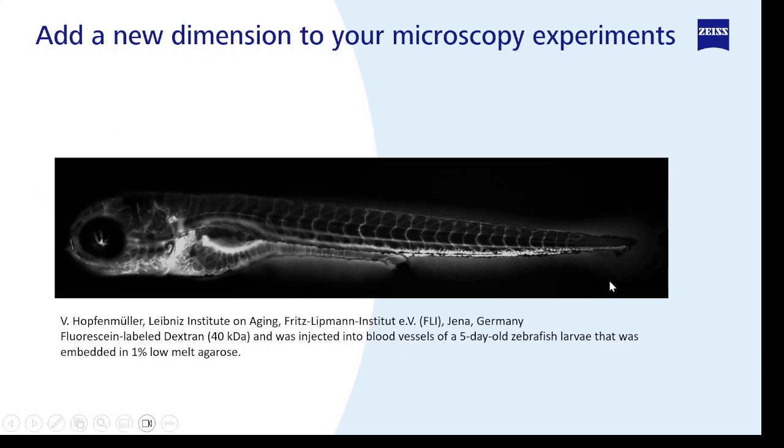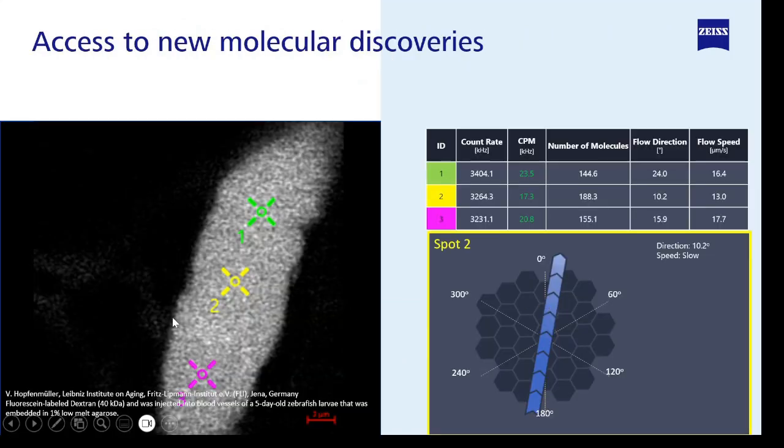This image is an overview of the zebrafish larva captured by a low magnification lens. Then we zoom in to certain spots that we want to study. We can place some measurement spots, and in the dynamic profiler, you can get the exact flow speed and flow direction of the duct.